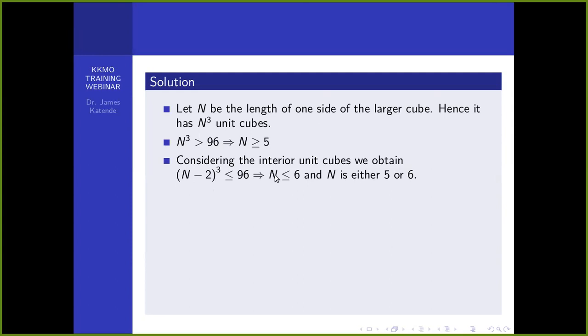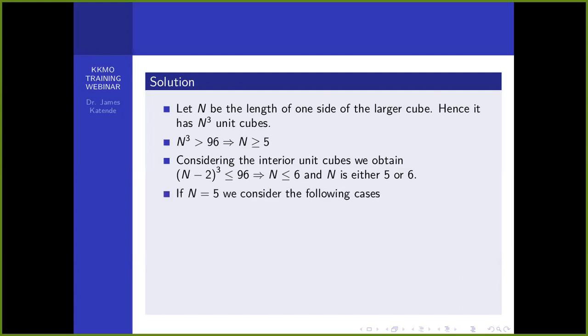So after simplification, you can conclude that n must be less than or equal to 6. So n is either 5 or 6. Those are the only two possibilities. So we need to check which of them will make sense.